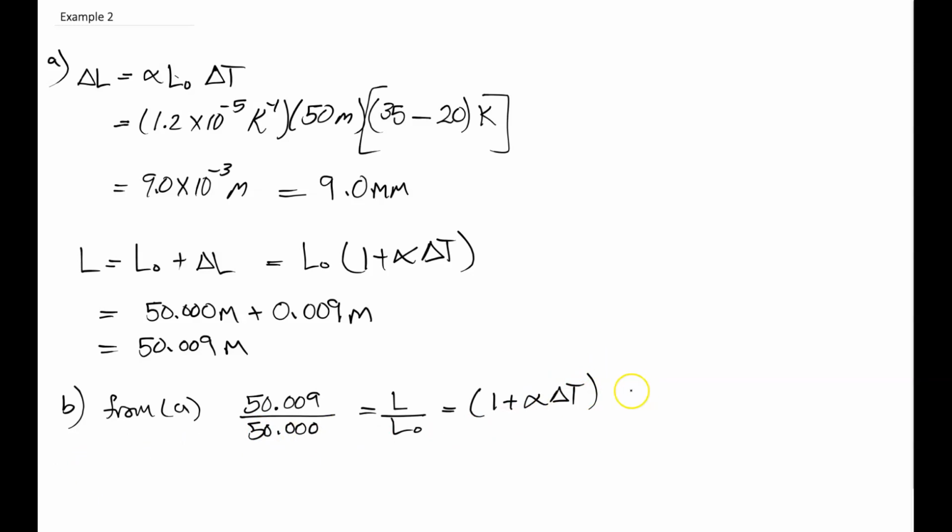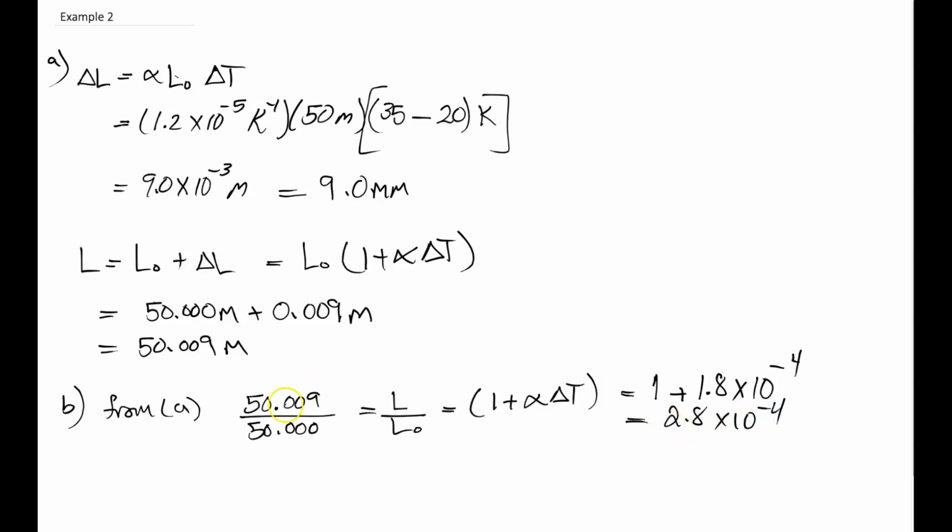And if we do that, we get that this change is 1 plus 1.8 times 10 to the negative 4, or 2.8 times 10 to the negative 4.